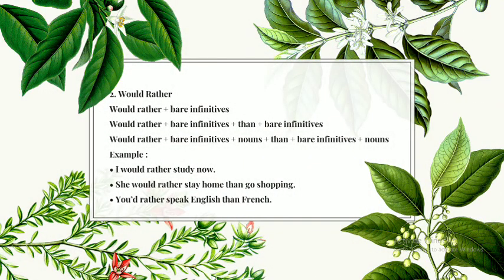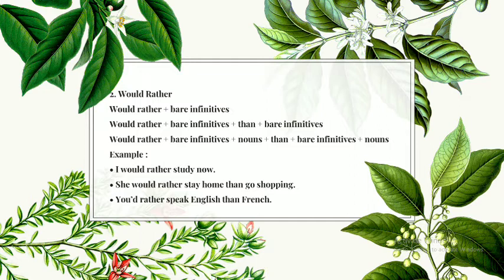Okay, the second, would rather. What is would rather? Would rather literally means to want more. The phrase would rather is used more often in the United States, especially in everyday conversation, because it sounds more familiar. Patterns say. The first, would rather plus bare infinitive.